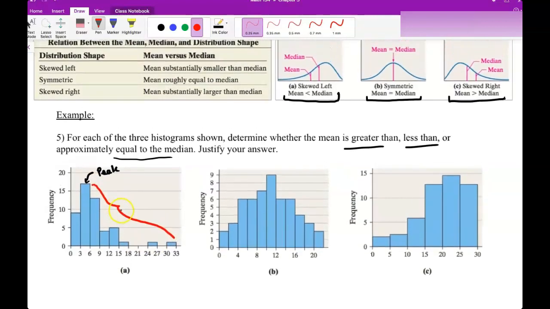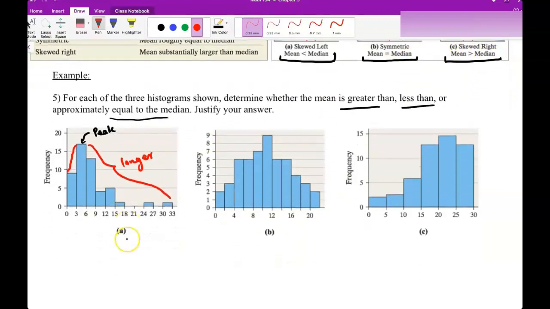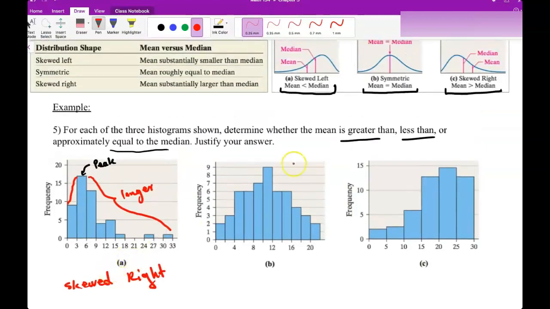Our right tail is longer than what we have on the left. Since that part is longer, this is skewed right. Since we have skewed right, our mean is greater than median.